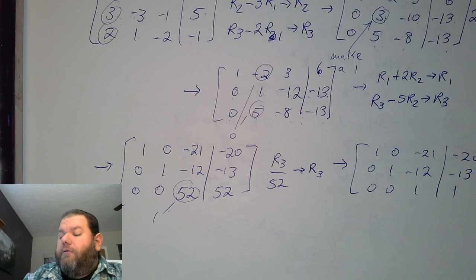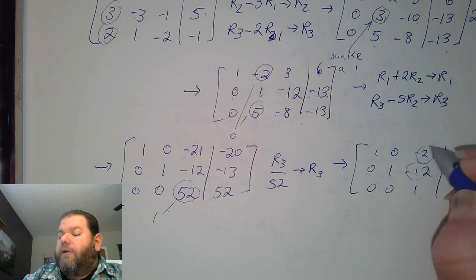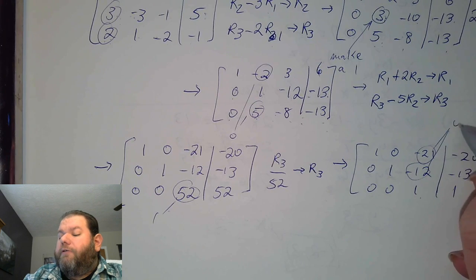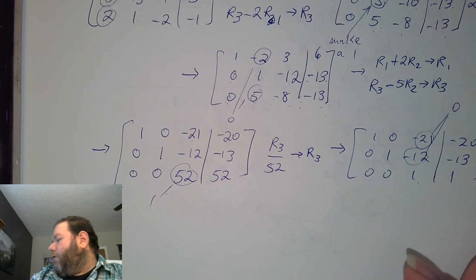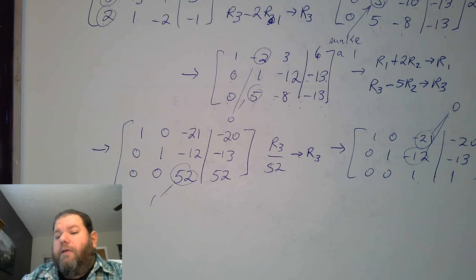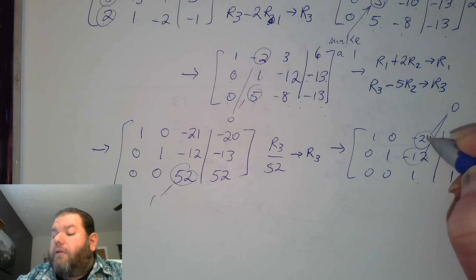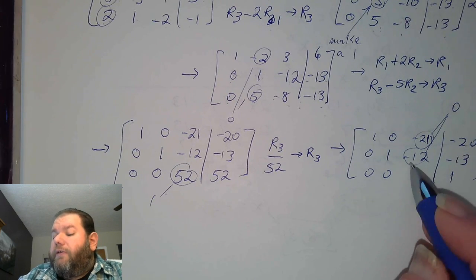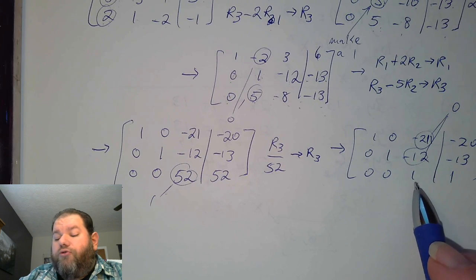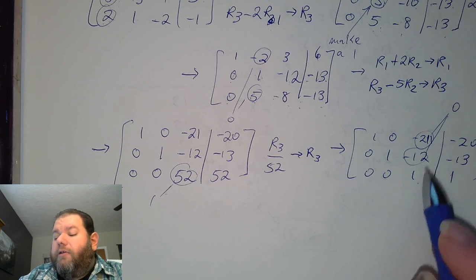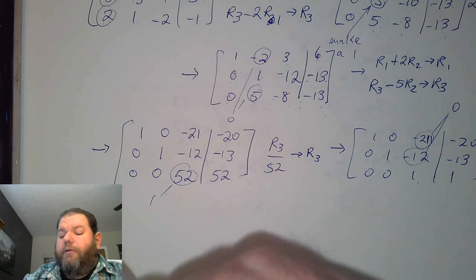Now we have 1s on the diagonal, now we want to make these two into zeros. And that should be our last step. Now, that's a 21. This is a negative 12. So for row 1, we need to add row 3 21 times to cancel out a negative 21.